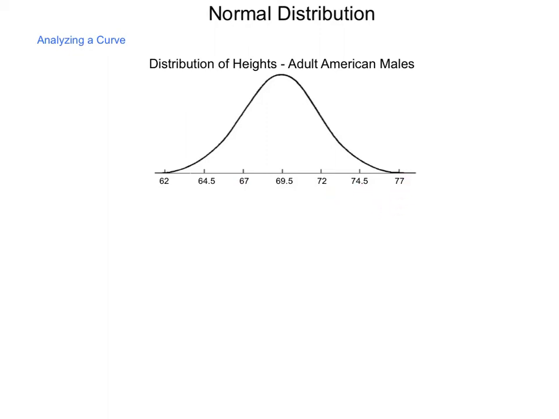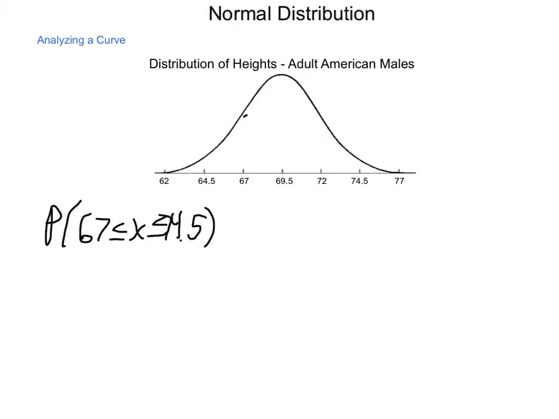So what if we were to want to find the probability that an adult American male chosen at random would be between 67 and 74.5 inches? Well, what we'd have to do is take a look at where this falls on our graph.